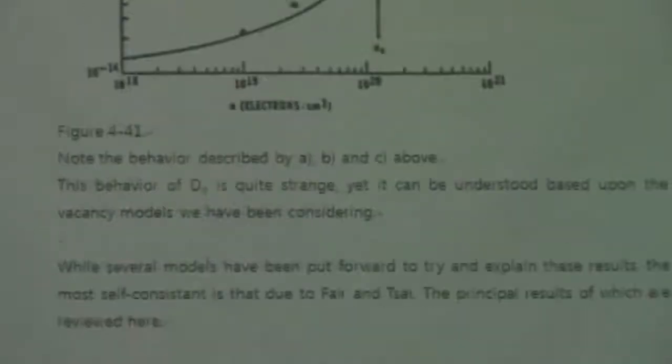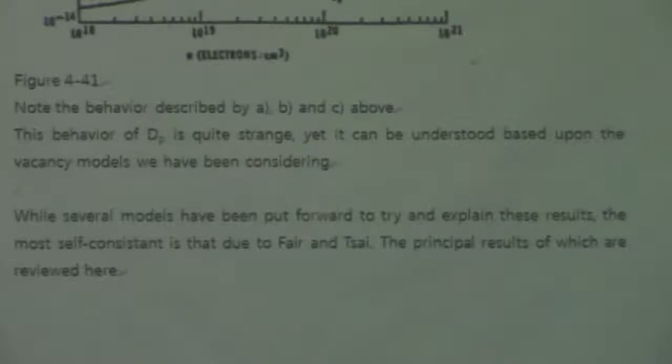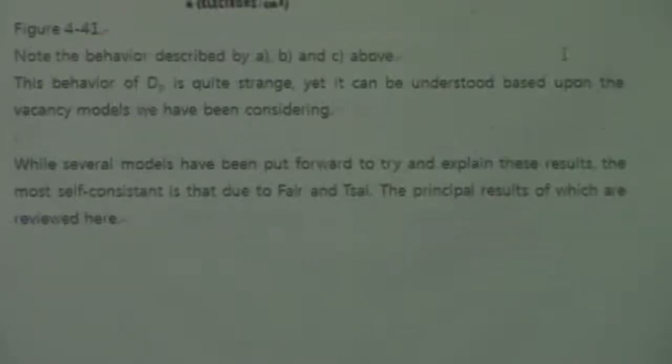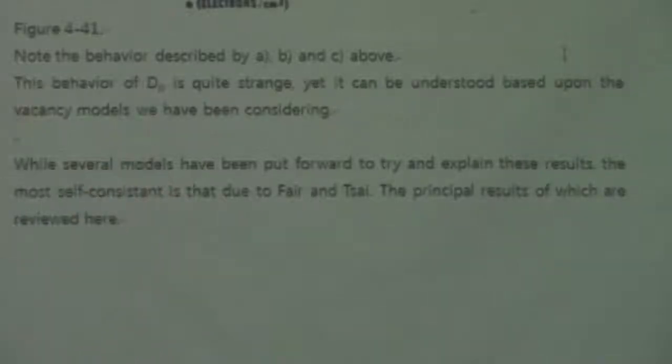Now, note the behavior described by A, B, and C above. This behavior of dP, the diffusion coefficient of phosphorus, is quite strange. And in this class note, we just follow the references from Fair and Tsai. That has been given in the reference before I start this lecture.